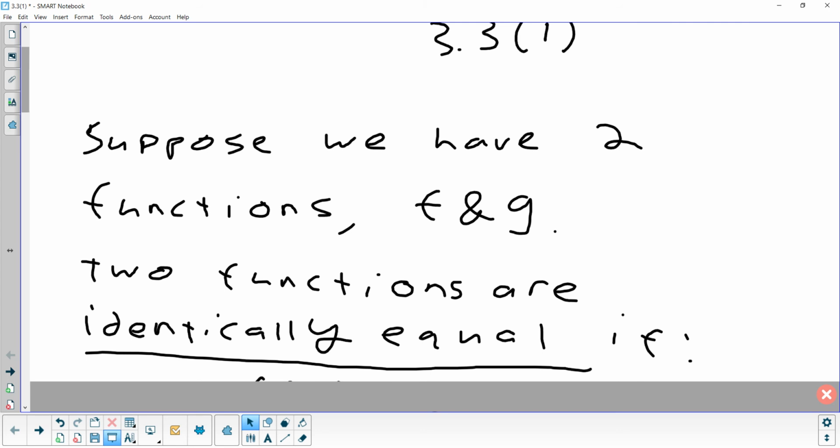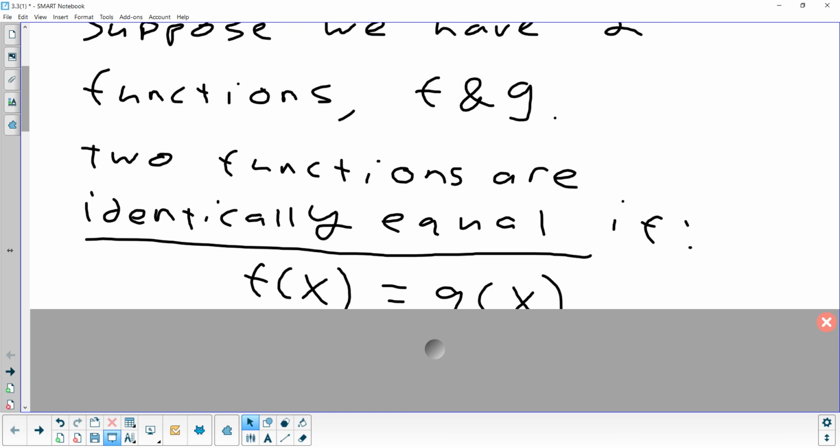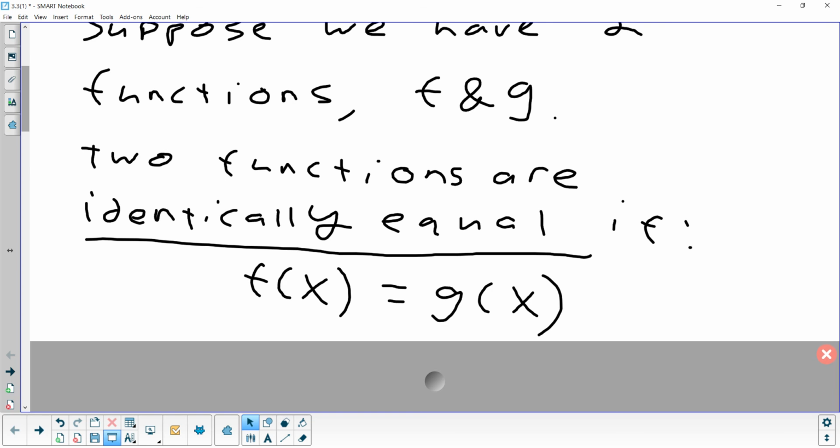Two functions are considered equal. I'm going to show you an example. Are considered equal to each other if whatever value you pick and plug into f, if you pick that value and plug it into g, you always get the same answer. Always.